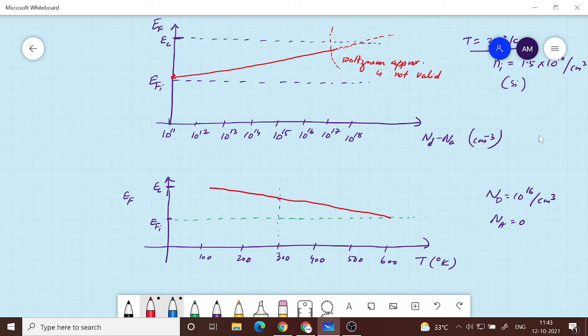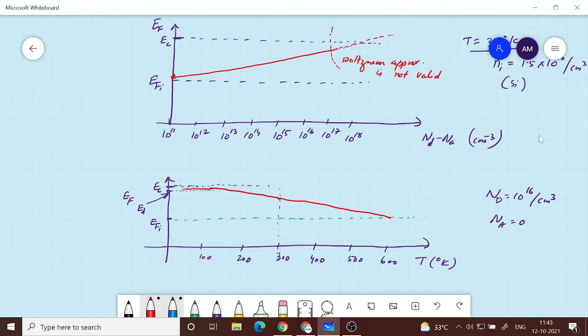It actually lies between the conduction band and the donor level, so there is an ED level here. So the Fermi level lies between ED and EC at very low temperature.